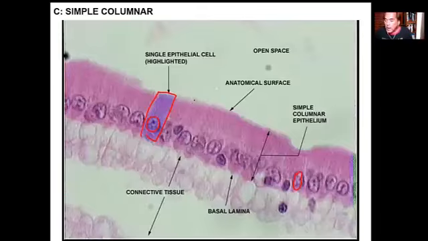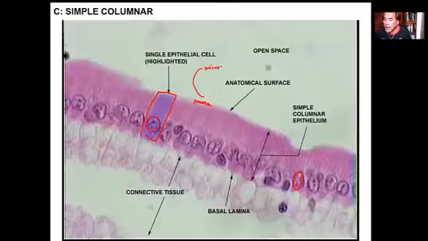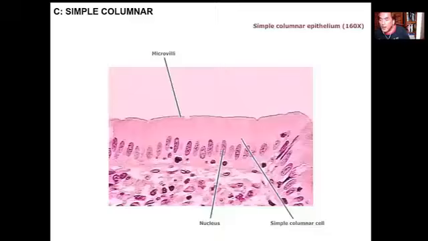If you notice, the top portion of the cell has some shadows. Since this is the digestive tract, that's going to be your microvilli. You only see microvilli in your digestive tract.